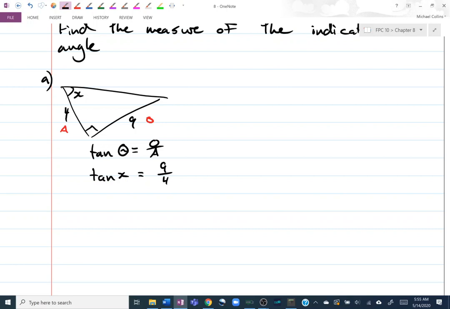This is the same as the opposite of multiply is divide, and the opposite of add is subtract. So the opposite of tan is just inverse tan. So I can take the inverse tan of both sides of my equation. And inverse tan of tan cancels, so I'm just left with X. And then my right-hand side is inverse tan of 9 over 4.